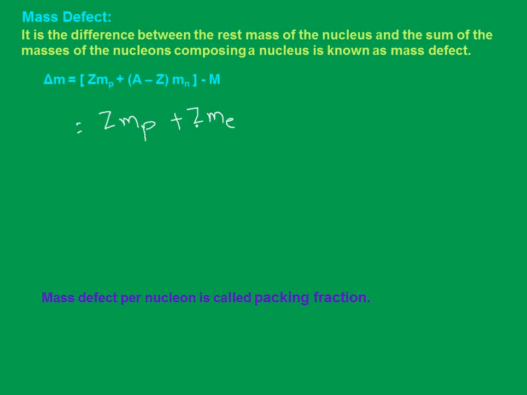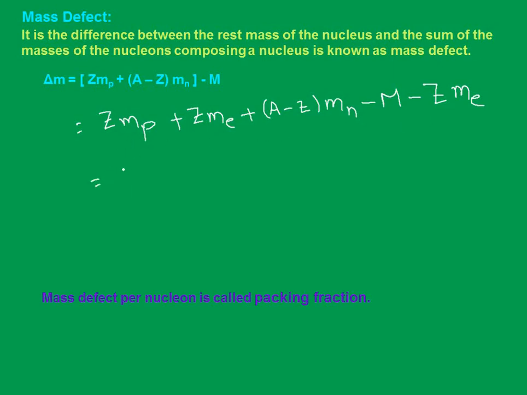The number of protons is nothing but the number of electrons, so the total number of electrons into the mass of the electron I am adding here, plus A minus Z into Mn, I am not changing this, minus capital M minus Z Me. Will the value change? I am adding Z into Me and at the same time subtracting Z into Me. The value doesn't change, right?